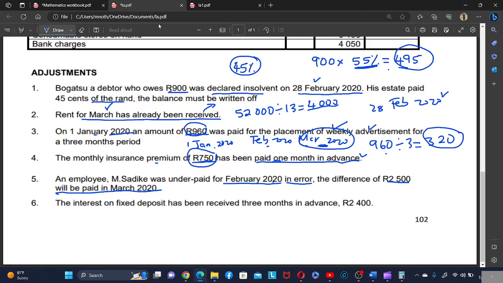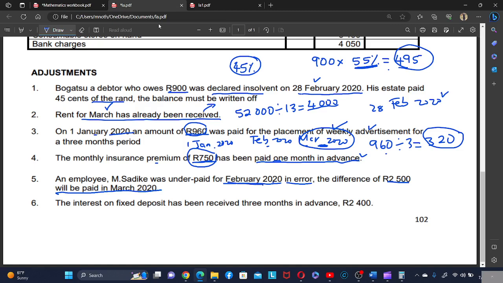Now listen to this. What is the matching saying again? The matching is saying that expenses should be recorded in the year that they belong in. Yes, it will be paid in March, but then it belongs in the year that ends on 28 February, right?